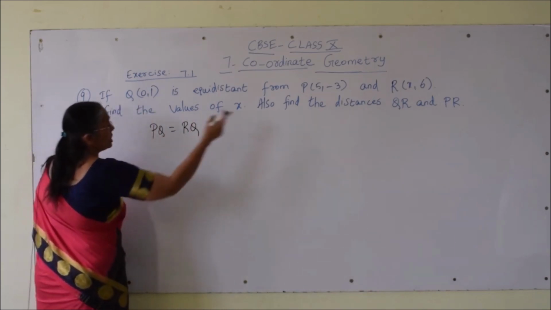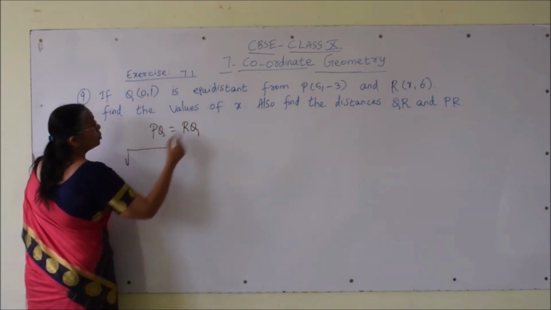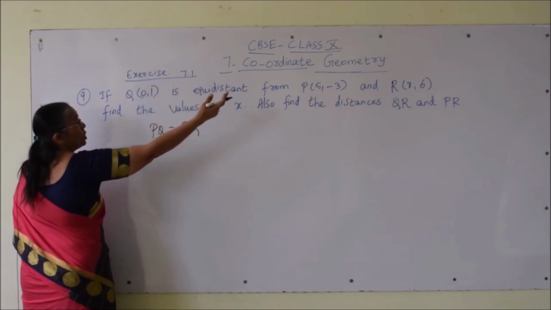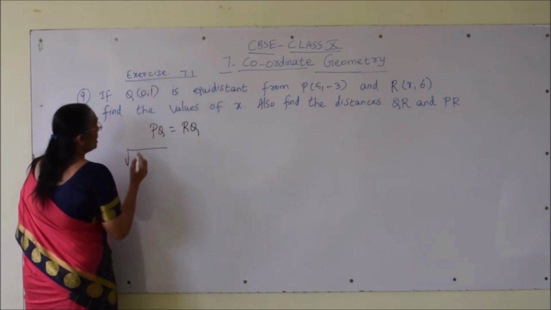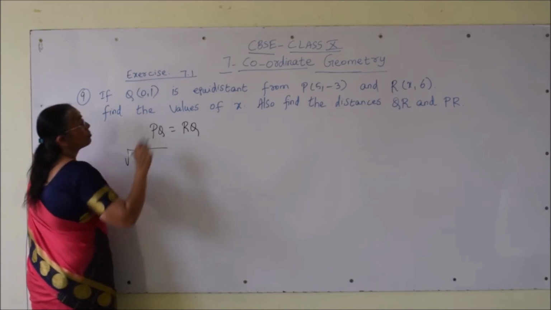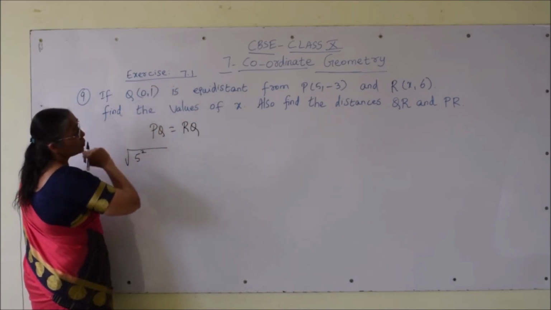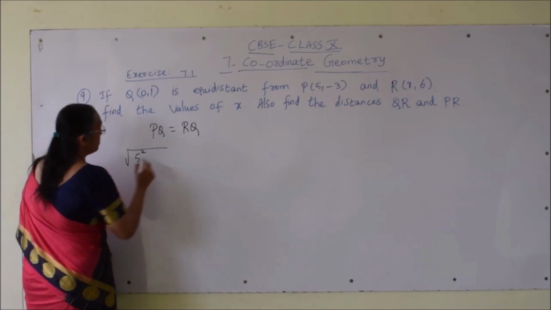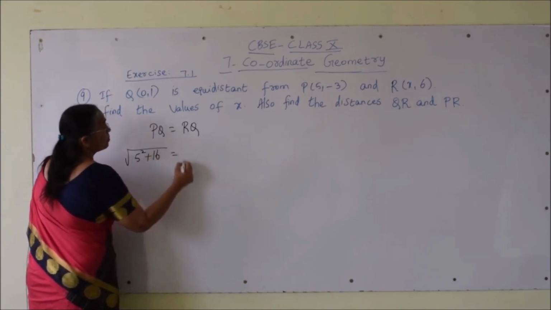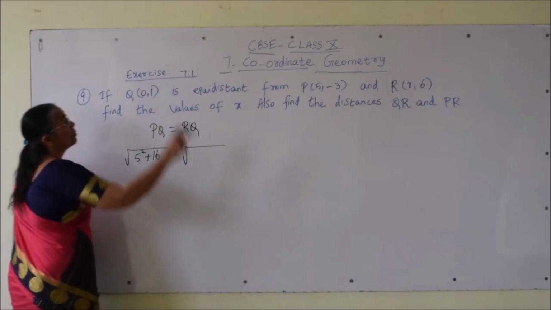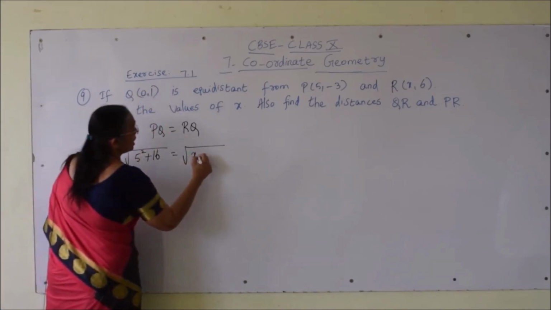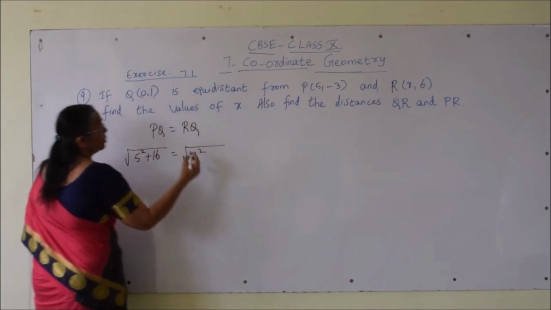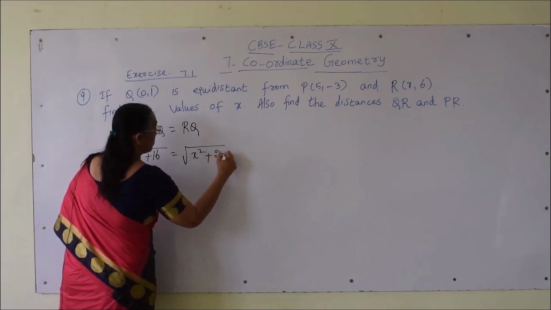What is the PQ distance now using the distance formula? Root over x2 minus x1, 5 minus 0 whole square, which is 5 square, plus minus 3 minus 1 whole square, which is minus 4. So, minus 4 whole square is plus 16. This is PQ is equal to RQ, (x minus 0) whole square, x square, plus (6 minus 1) whole square, 5 square, which is 25.